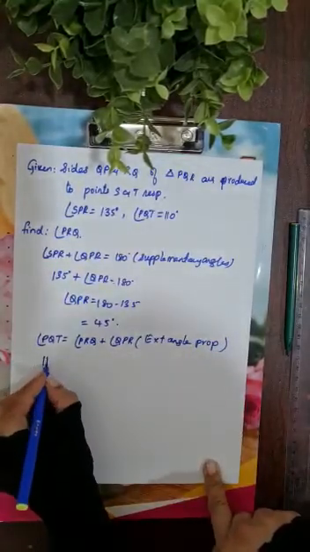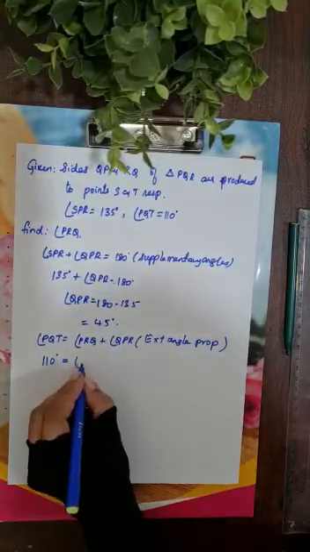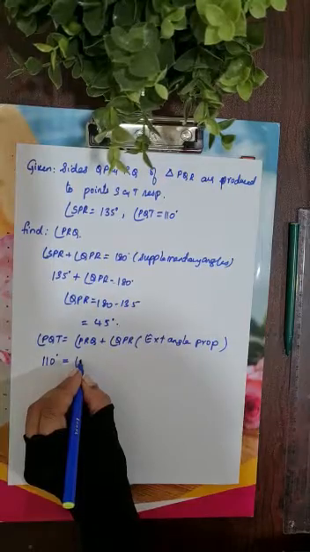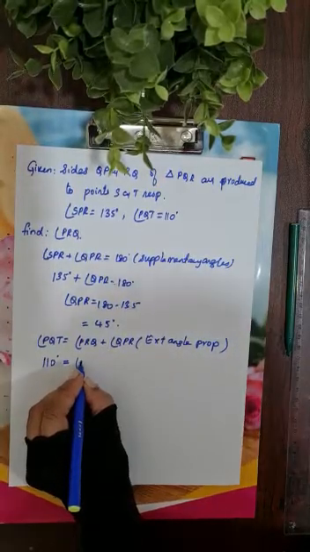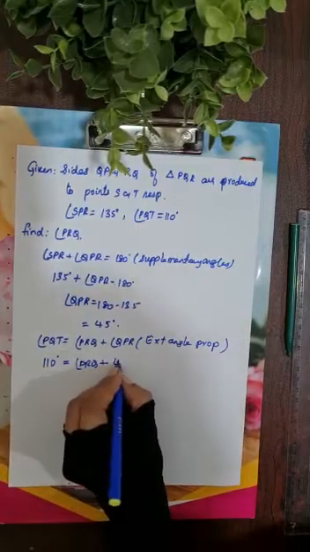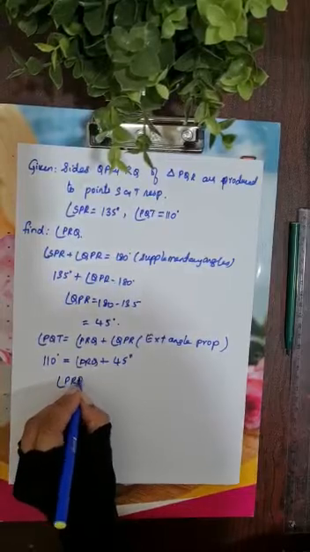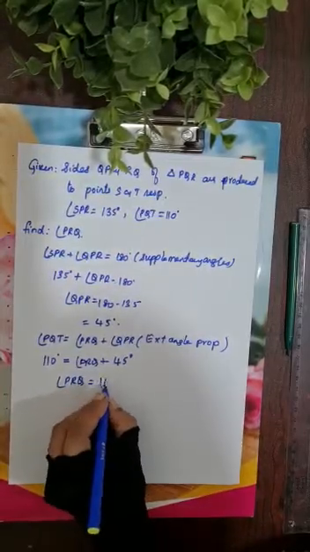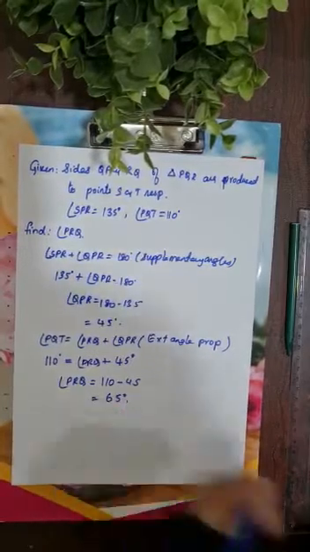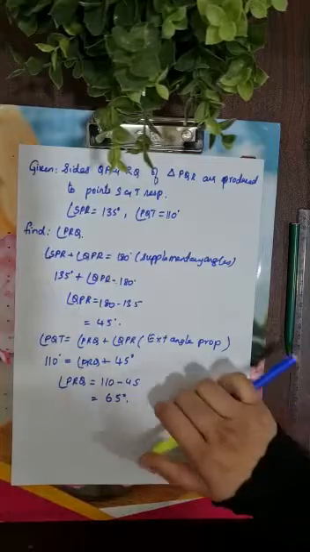Angle PQT is nothing but 110 degrees, given to us in the question. We have to find the value of PRQ. Angle QPR we just now found as 45 degrees. So angle PRQ will be equal to 110 minus 45. So that is equal to 65 degrees. Okay children, complete your classwork. Do both the sums. Thank you.